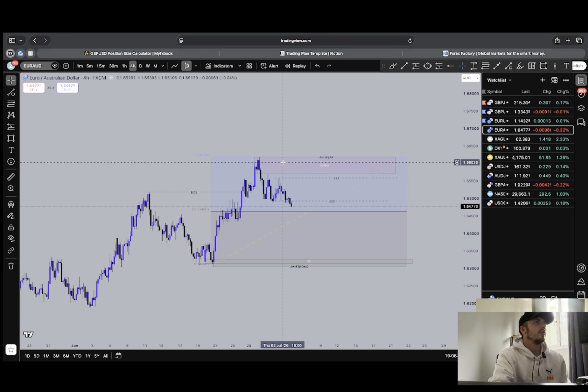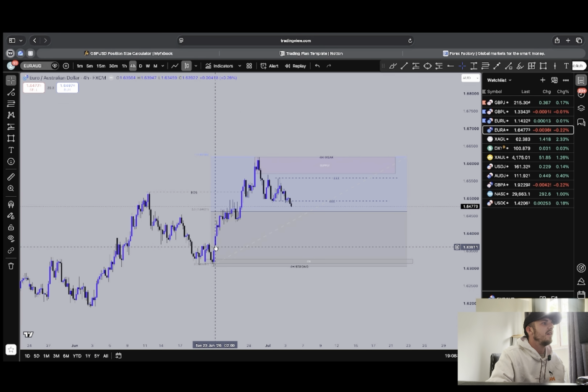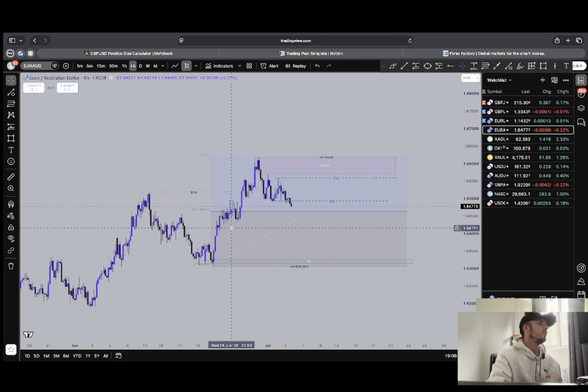So order block, supply, key zones for the 4-hour time frame. I mean, you can map out your fair value gaps if you like. Some people trade them because it's a price point which attracts price.